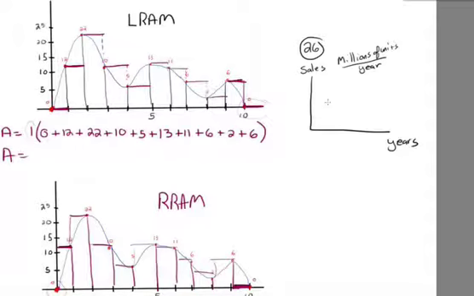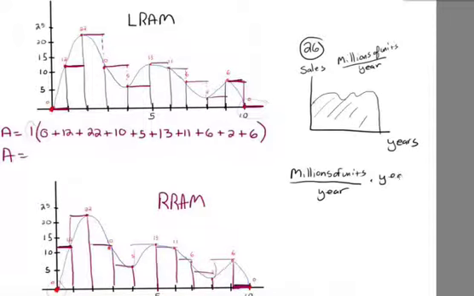So if I go and find the area under this curve, using left or right or whatever method I do, essentially just think of it as a rectangle. I'm going to do base times height, which gives me millions of units sold per year times years, and quite obviously years cancels out.